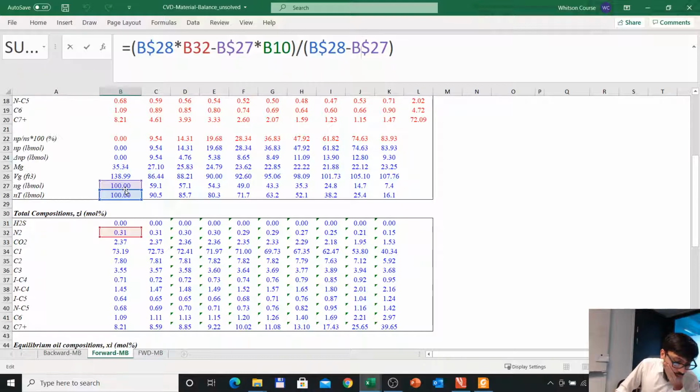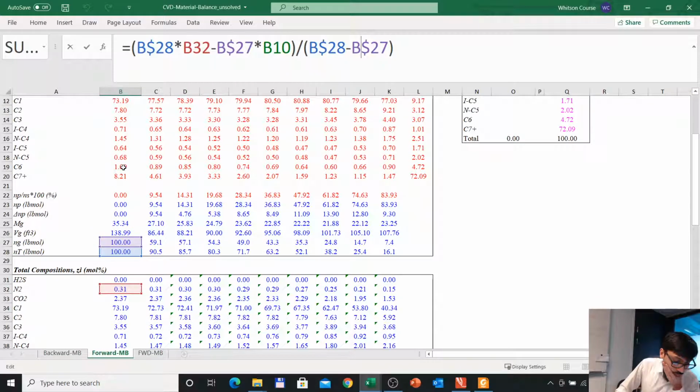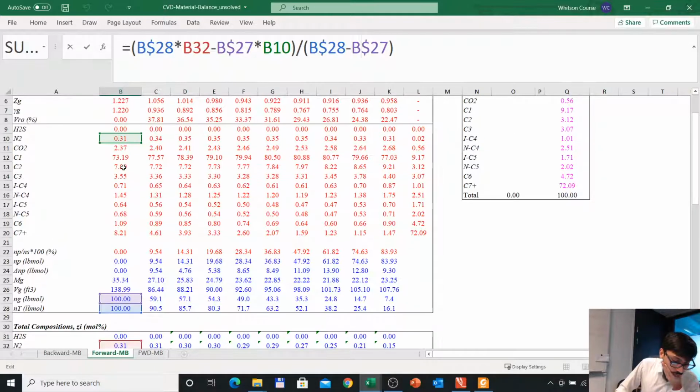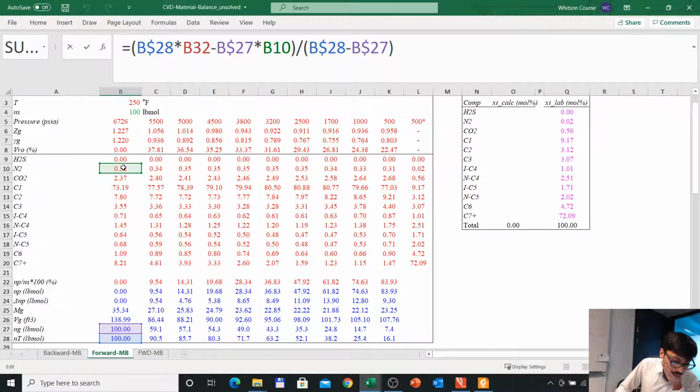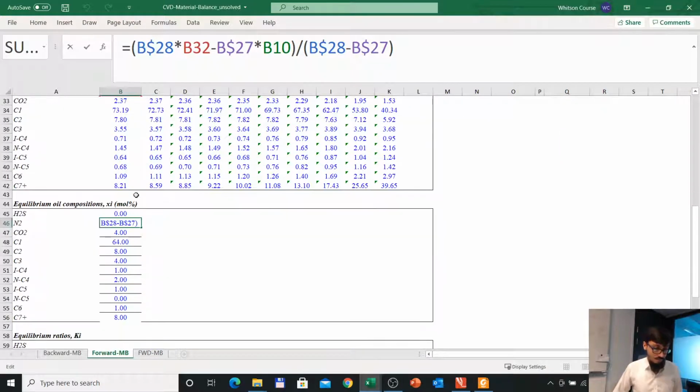Okay, and then this is also 0. B28 and B27 and B32 and B10 are the same. B32 and B10 is nitrogen. Understand?